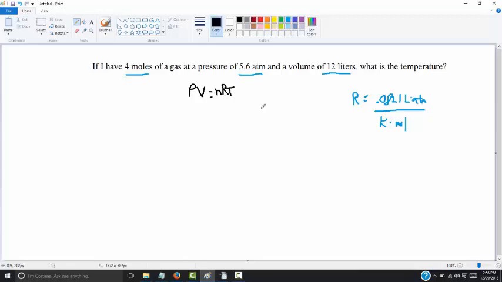Alright, this question we need to solve for temperature. So we need to isolate temperature over here. To isolate temperature, we need to divide this side of the equation by nR, so we can cancel out. And whatever you do to this side of an equation, you must do to this side of an equation. Divide that by nR, that by nR.